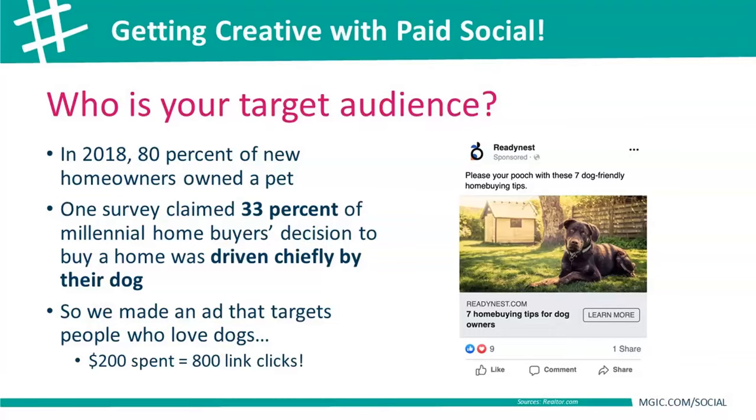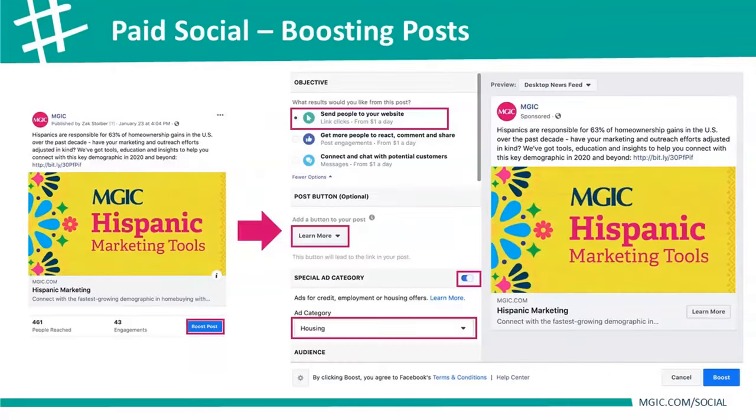And we spent $200 and got 800 people to click this link. Now, you can decide whether or not you think that is a valuable spend of money, but this is where you can use that interest-based data to target more specifically with the content that you have. This is where you're using both the type of content and your audience, matching them together so that you're getting more engagement.